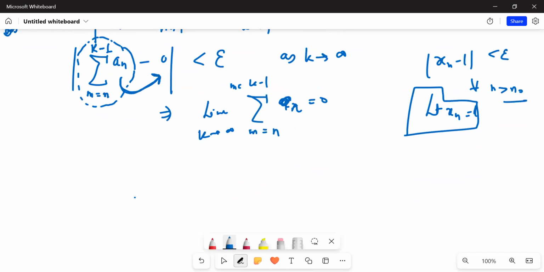Or in other words, I can say that summation m equals n to infinity of am would converge towards 0. I hope it is clear.